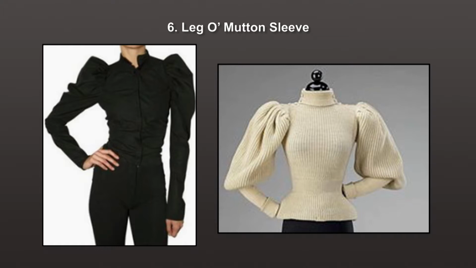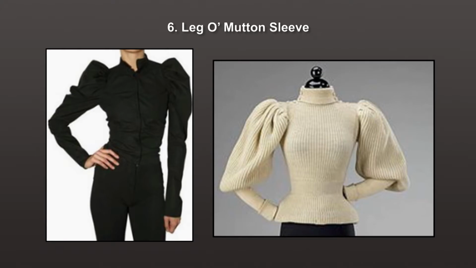We can clearly see that the sleeves have a puff next to the armhole achieved by gathering and then taper to the wrist, giving a shape reminiscent of the leg of mutton. On the right is a picture of a knit sweater with leg of mutton sleeve. It is from Knit Grandeur.